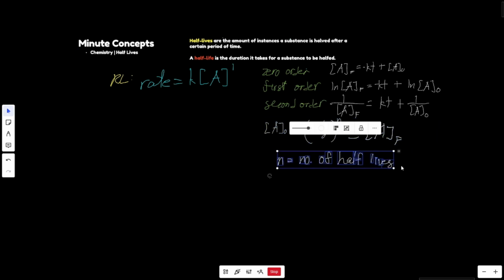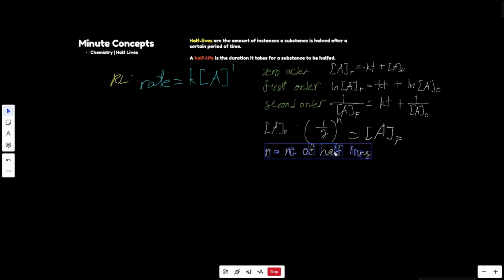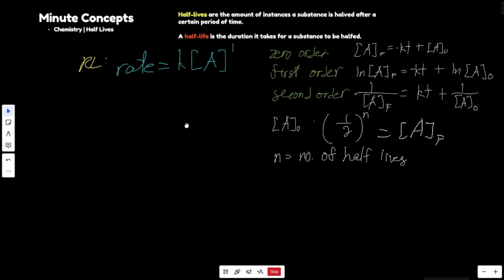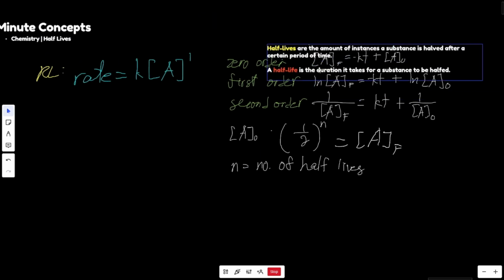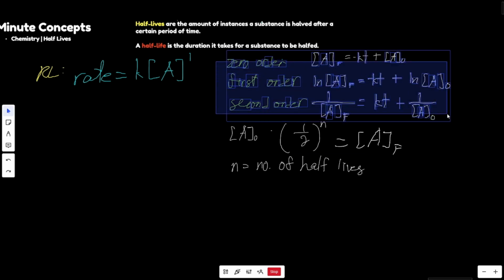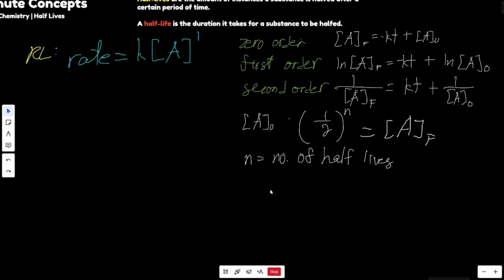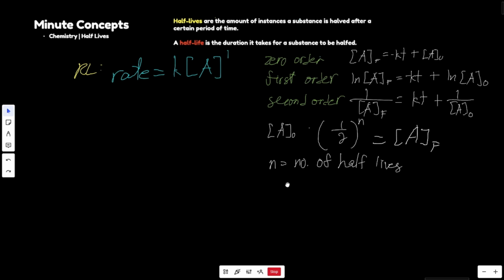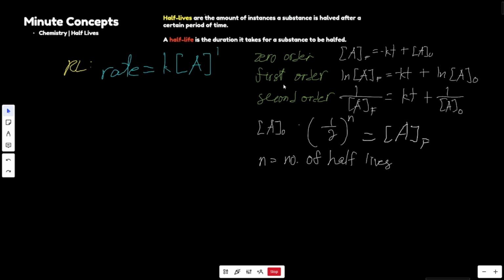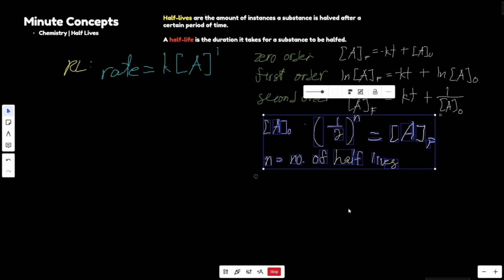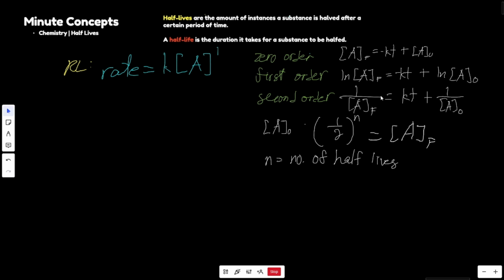Now next are the half-life rate laws. These are just our regular integrated rate laws. Now, how do we modify these to become half-life rate laws? Well, modifying these would make this video a bit long.